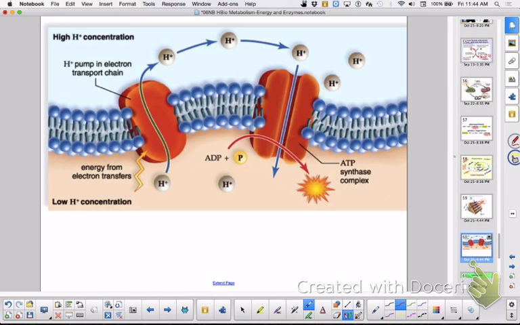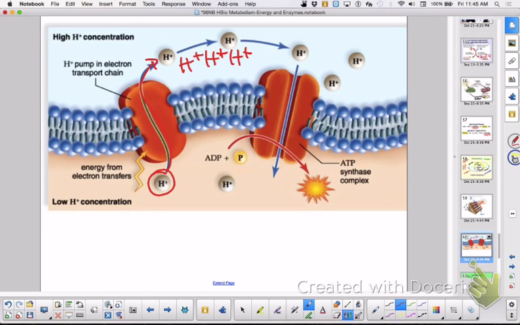Take a look right here. Here's a phospholipid bilayer. This protein is taking hydrogen ions and putting them on one side of the membrane. As they get concentrated out there, you know this: on that side of the membrane, there's going to be a difference. What are the three differences?